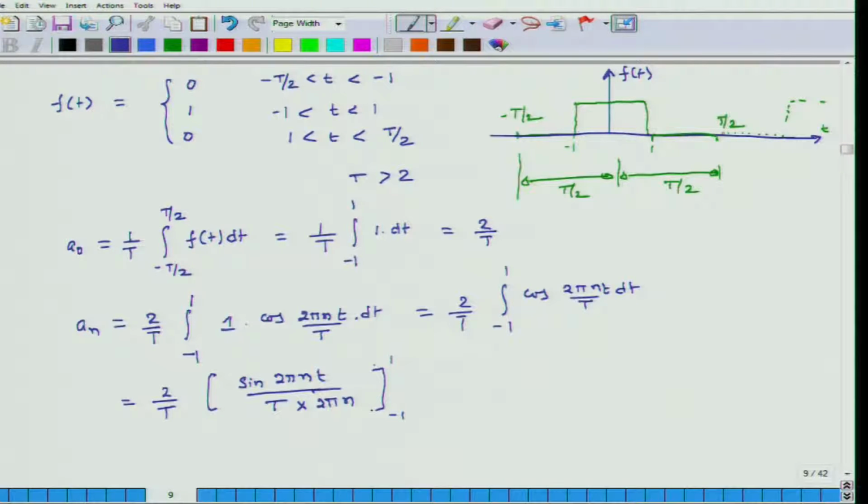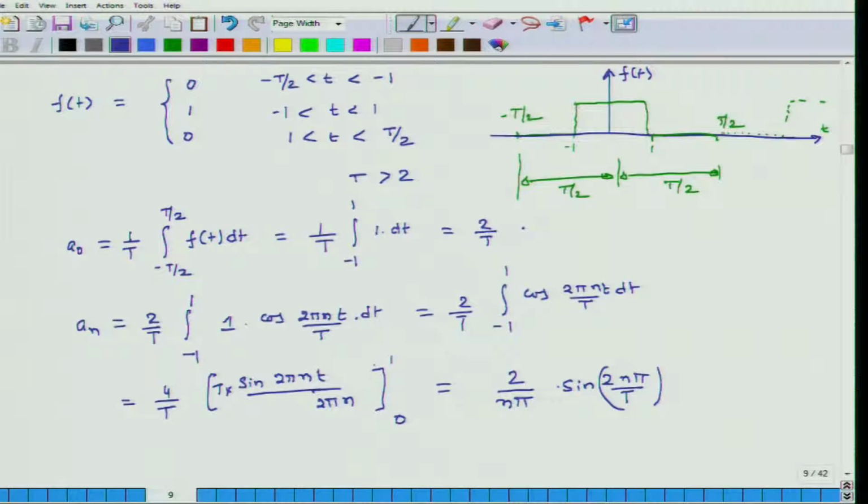I can also simplify this, but I have to multiply by another factor of 2, so this becomes 4. When I do all this math, essentially what I get is 2 over n pi, since T cancels out, times sine 2 n pi over T.